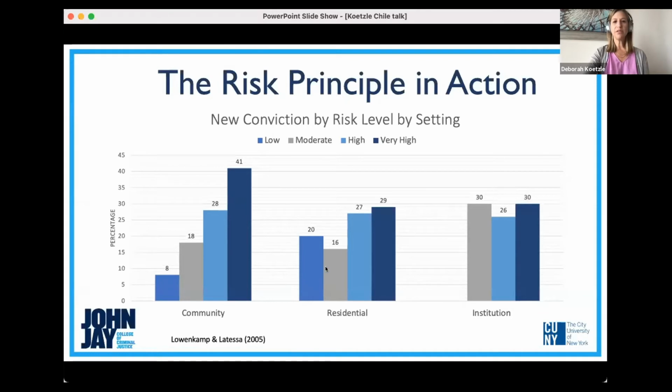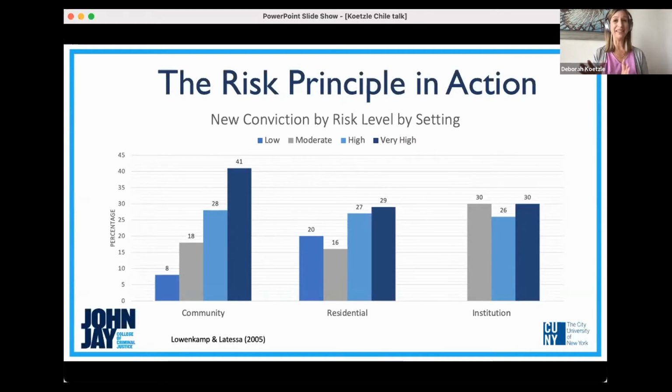When low-risk youth were served in residential settings, they had a 20% recidivism rate. These are youth that had the same likelihood of reoffending, the same probability of reoffending, but putting them into that increased level of supervision, the increased level of service drove recidivism rates up, which is obviously not what we want to do, right?